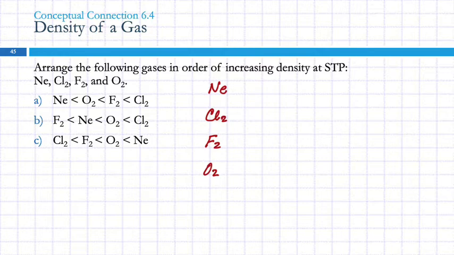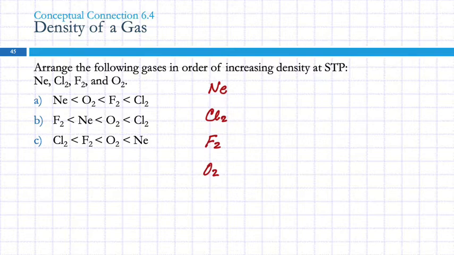Doesn't work with solids or liquids, but it works with gases. So here, if we had a mole of each of these gases at STP, they would each occupy 22.4 liters. So their volumes would be the same. But would their masses be the same? No, because 1 mole of neon does not weigh the same as 1 mole of fluorine. So what we're looking for here is the trend in molar masses.